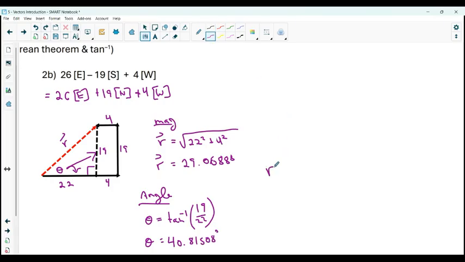So my final answer is, okay, my resultant vector, 29 rounds to 1 significant digit of 30. And my direction was 40 degrees. Is it 40.8? I have to ask, what's that closest to? We'll round it off to 1 significant digit, which would be 40. So I'm going to say east 40 degrees towards the north. There's my final answer.